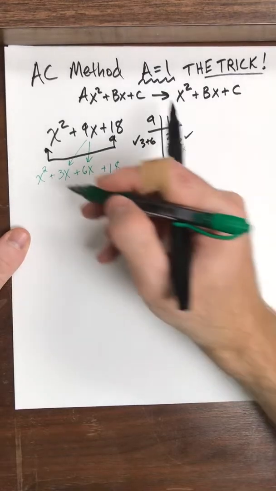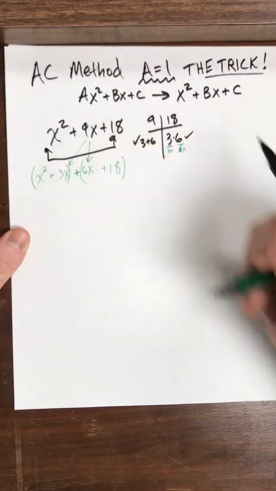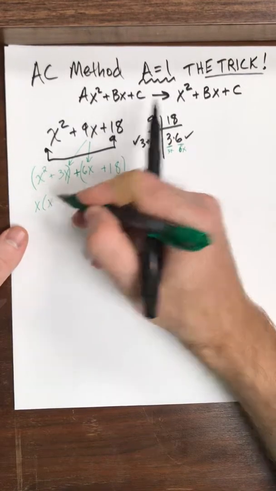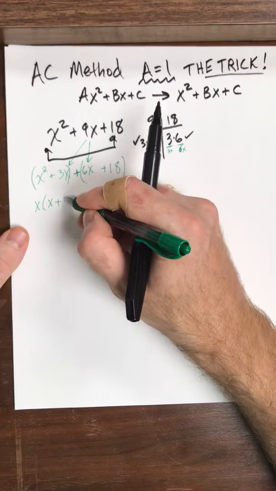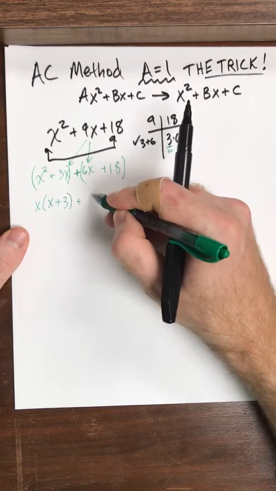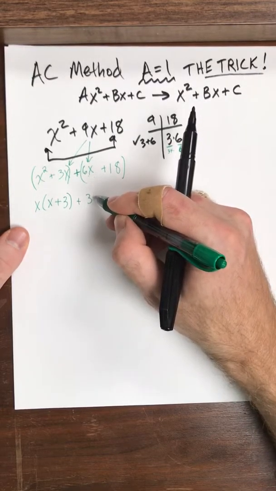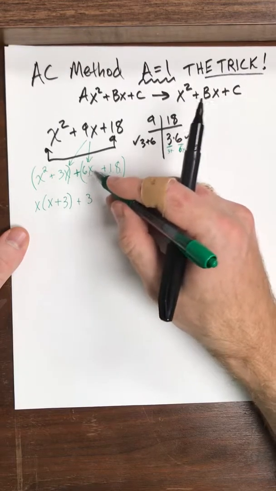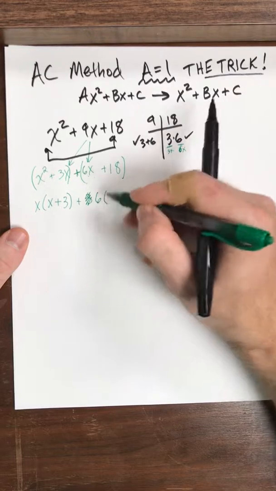And then what I would do at this point is I group the first two, group the last two, make sure there's a plus in between, and I pull the x out, GCF again, x plus 3, and then I can pull a 3 out of both of those. Actually, I can pull more than a 3 out. What can I pull out? I can also pull another 2, so that's going to be 6 pulled out.